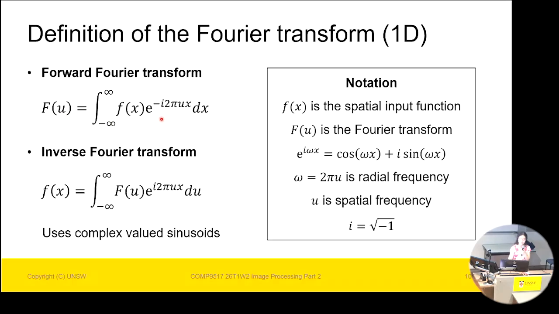So the information I want to convey here is that for any frequency, we are integrating all the information in the signal in order to find out how much information is present with that frequency. Whenever you vary this u, you need to do this computation all over again. So every single frequency value represents an overview of the entire signal. That's quite different.